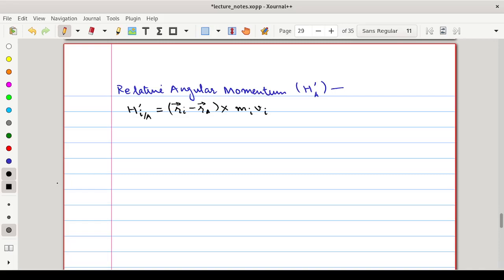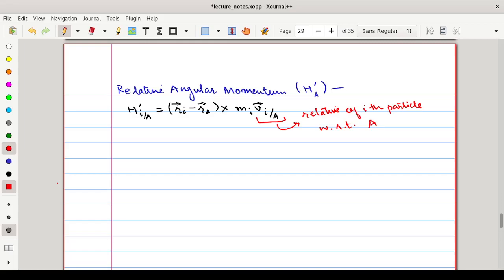To change this into relative angular momentum, we have to replace this velocity Vi by Vi slash A, that is the relative velocity of the ith particle with respect to point A, our reference point.